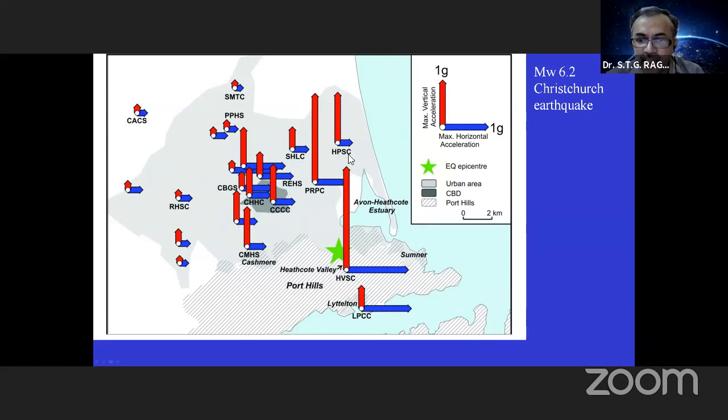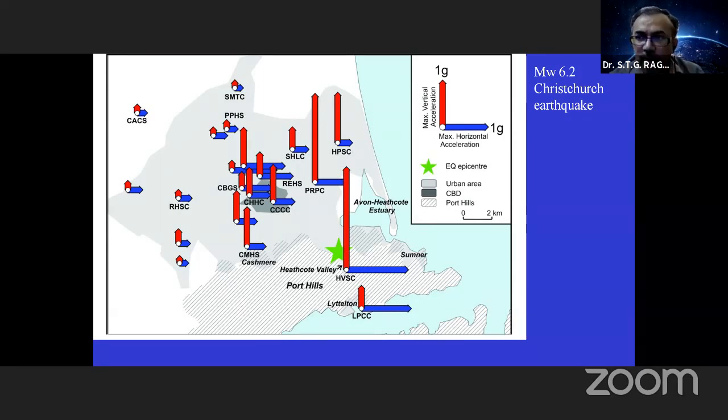At these stations, HPSC and PRPC, the vertical PGA has exceeded gravity, and it is much higher than the horizontal also. Now if we compare this with our IS code, the maximum value is 0.36 G, but the design value is Z by 2. So you are designing for this value. If I ask you once again whether you will be safe when you design as per the Z values, it is very difficult to answer.